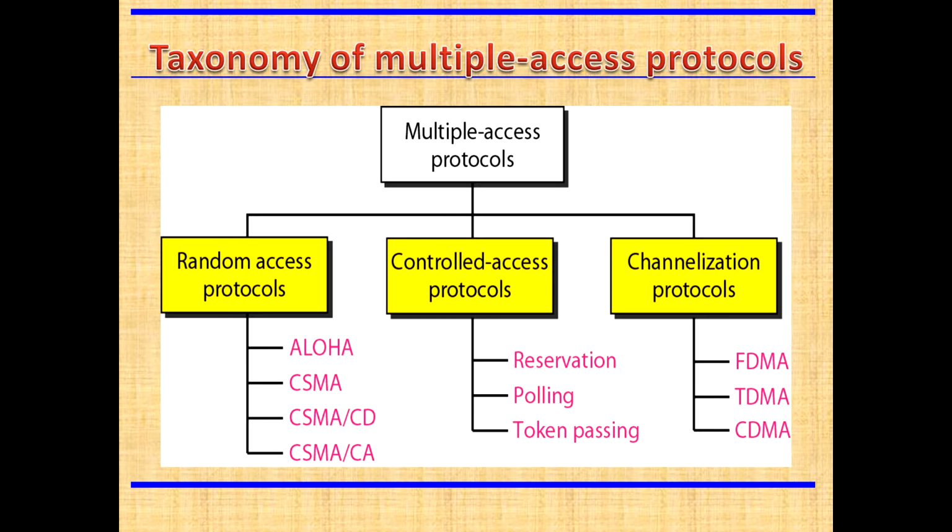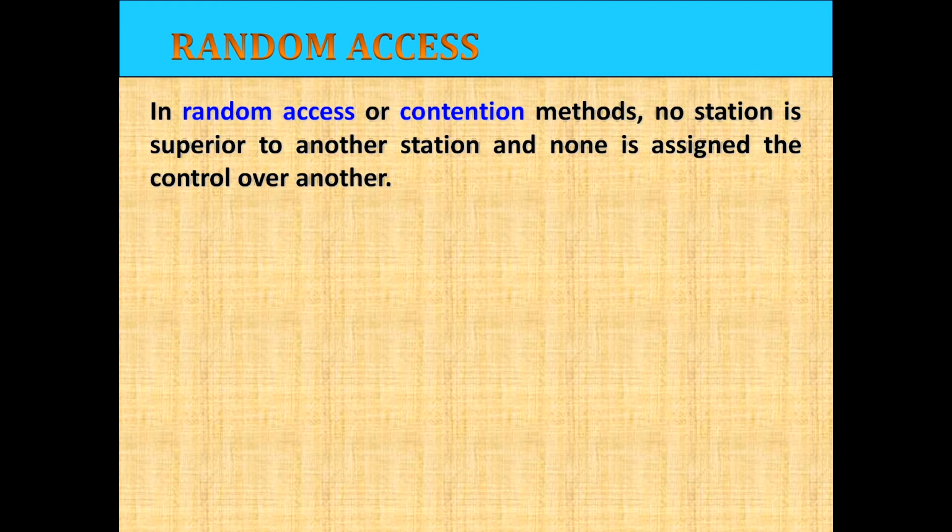Now we can see the random access protocols. We will learn what random access is and why we are moving to random access protocols. In random access or contention methods, no station is superior to another station and none is assigned control over another.